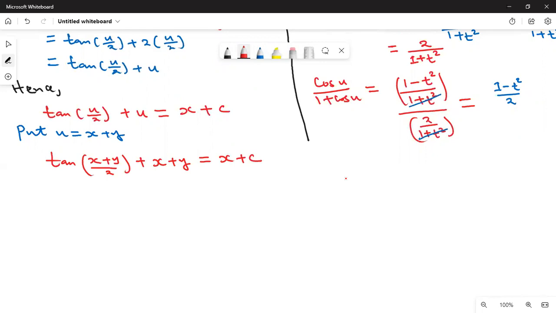c is an arbitrary constant, a constant of integration. And so what you have found there is our general solution. What do you realize?